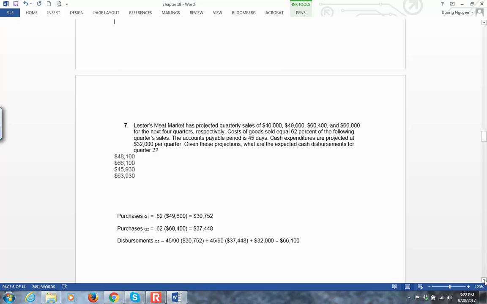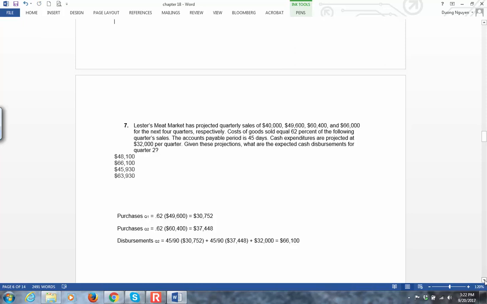So in quarter 2 you will have 62%. Cost of goods sold is 62% of the following quarter's sales.